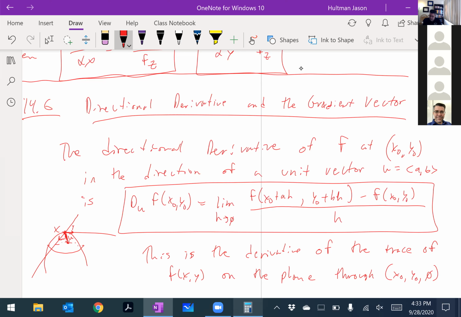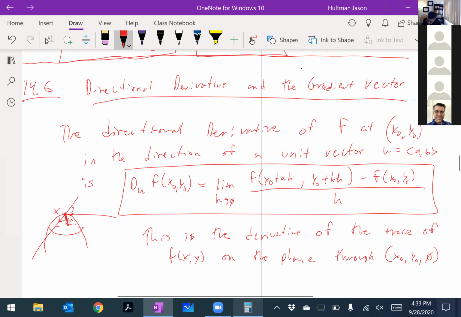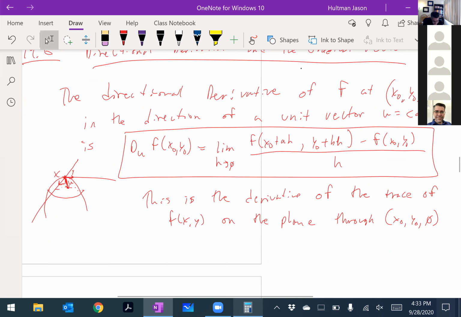It's the trace of f of xy on the plane through this thing, in the direction of AB. In that direction.